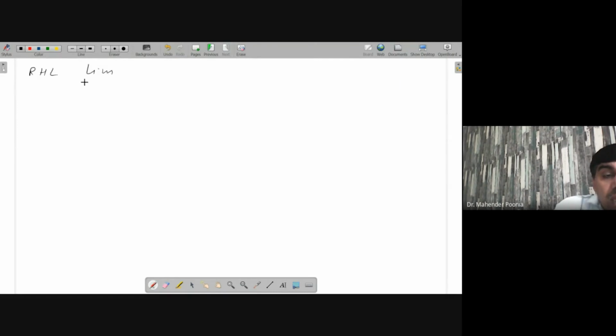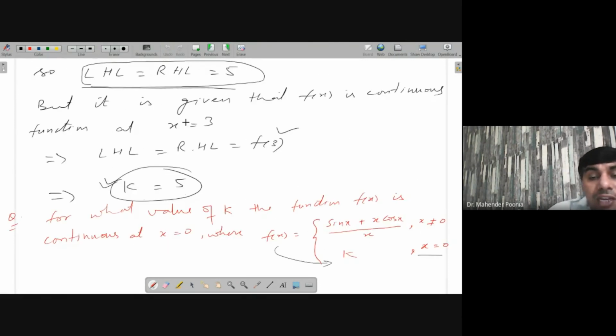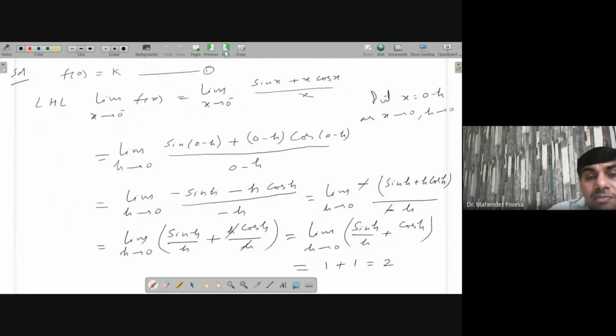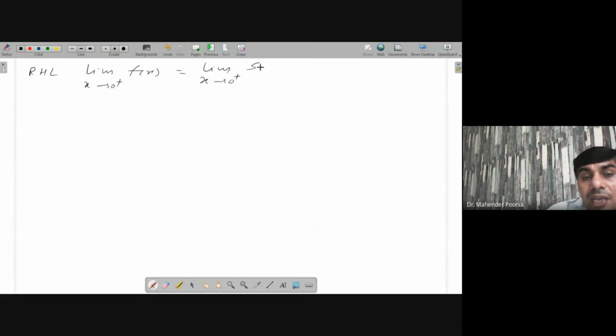Now write the right hand limit. Limit x tends to 0 positive f of x. The value of the function when x does not equal 0 is sin x plus x cos x divided by x.